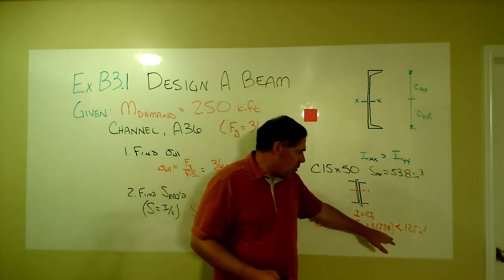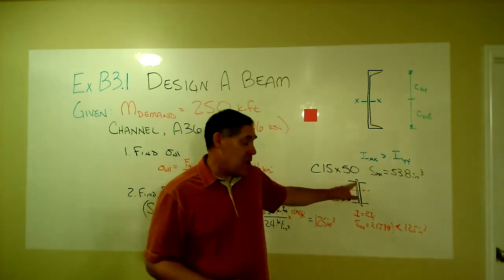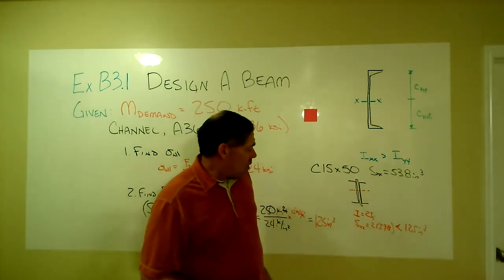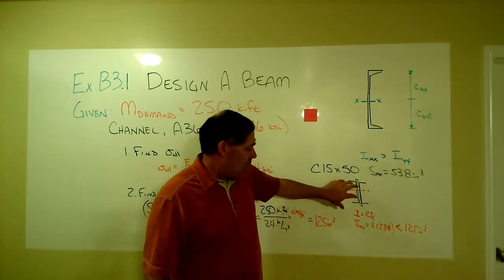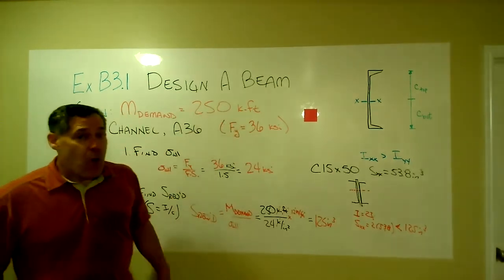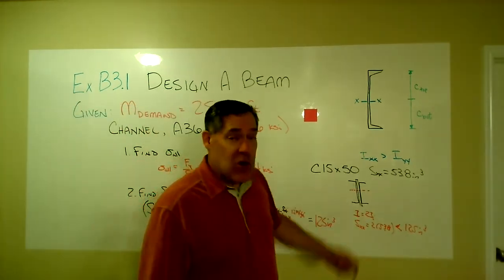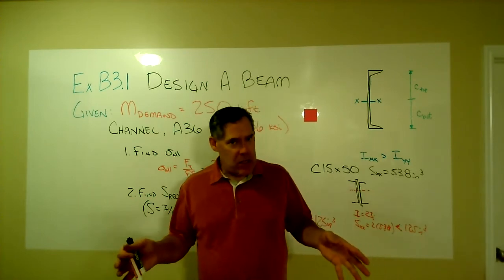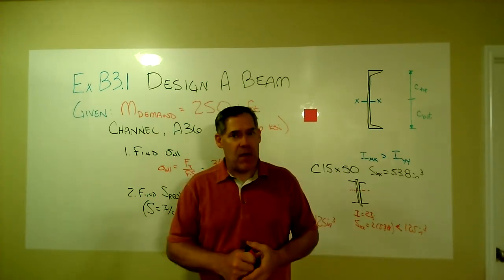Again, that's about 108, so we don't need a whole heck of a lot more, but we could potentially do that, right? And that would then set us up for a situation that would do what we want. We have this 250 kip foot, or maybe you've got to go back to somebody and say, look, I think either I made a calculation mistake or we can't do this out of channels.